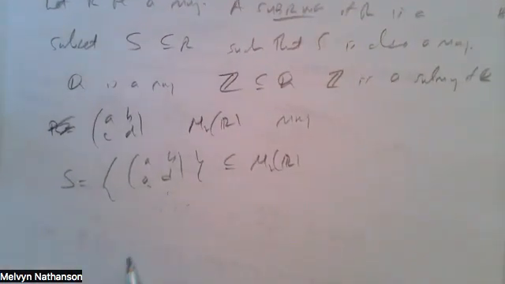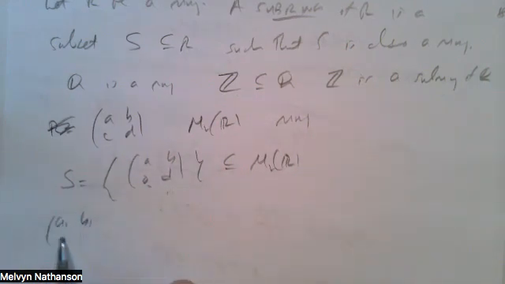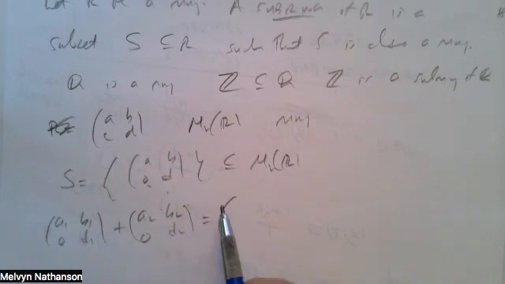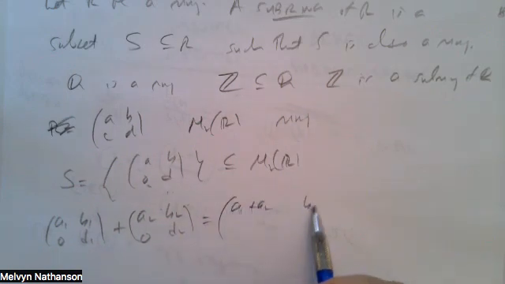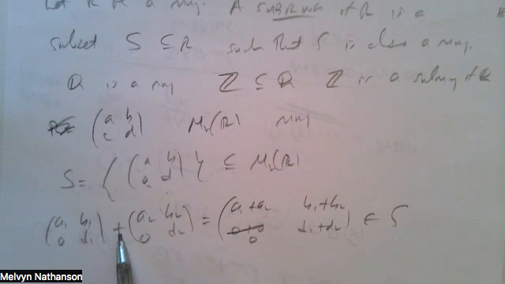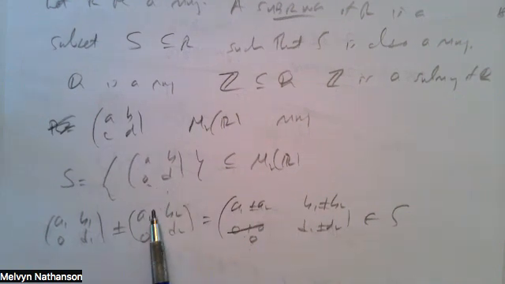Well, it has to be closed under addition and multiplication. What about addition? If I take (A1, B1; 0, D1) and (A2, B2; 0, D2) and I add, addition is coordinate-wise: A1 plus A2, B1 plus B2, 0 plus 0, D1 plus D2. 0 plus 0 is just 0. This is in S. And if I were to subtract, I still get the lower left-hand coordinate 0. So this set of matrices, all by itself, is an additive abelian group.